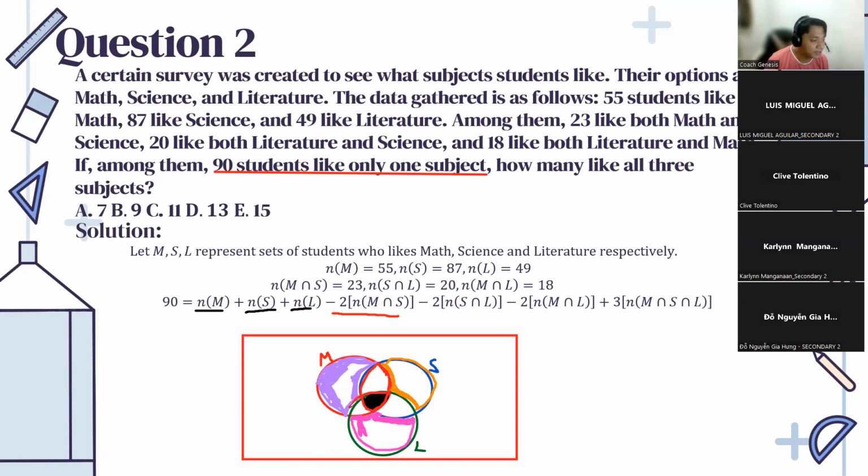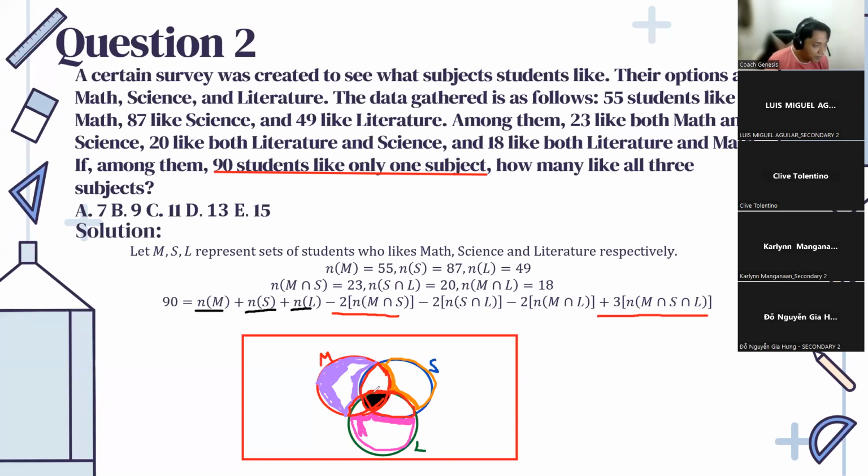Same with this intersection and this intersection. If we've removed those, then we've also removed the middle part. So in order to balance out the values, we must also add 3 times the intersection.